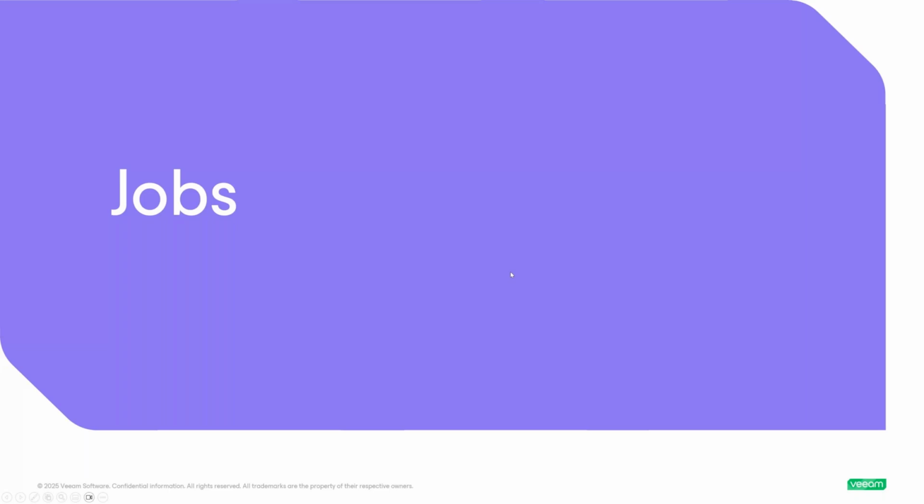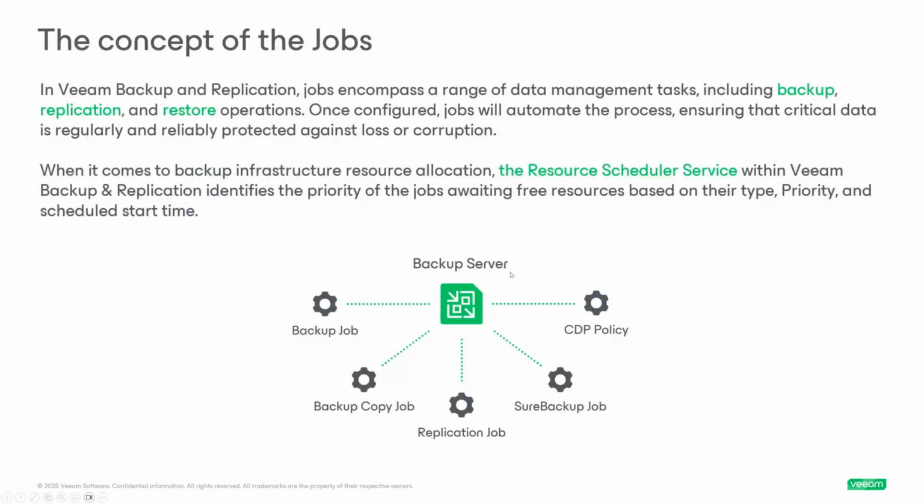Next, we'll be talking about jobs. Jobs within Veeam encompass a range of tasks, including backup jobs, replication, and restore operations, and Veeam allows you to automate the process of those tasks to make sure that your critical data is regularly and reliably protected against loss or corruption.